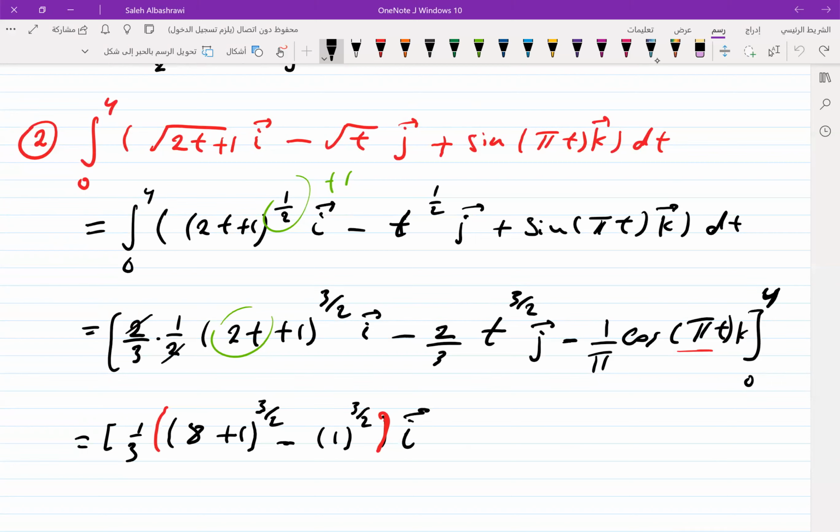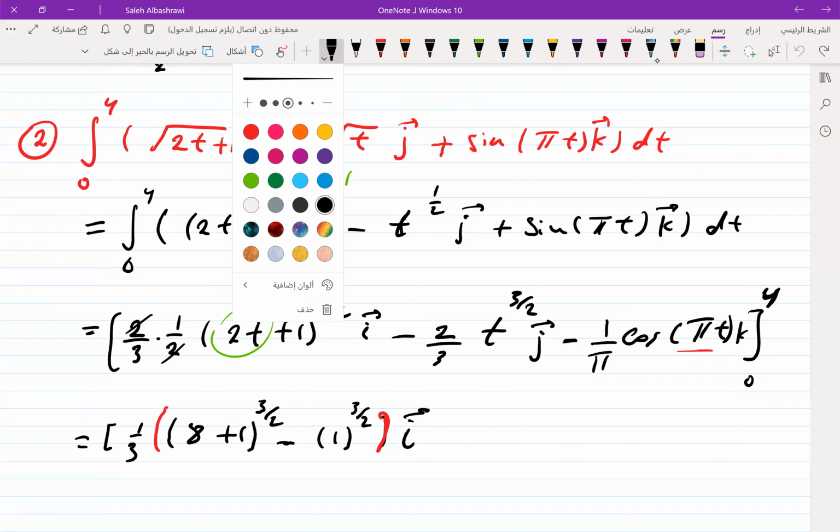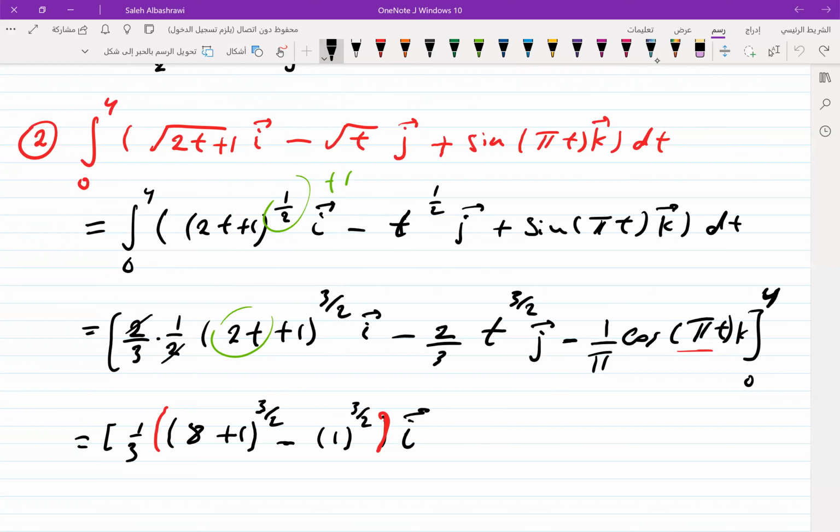Now let's move to the next component: minus 2 over 3 times 4 to the power 3 over 2 minus 0. This is the second component, j.